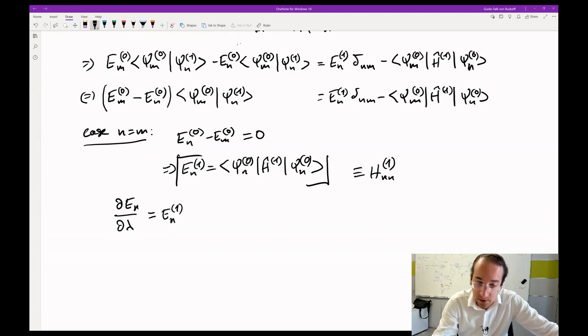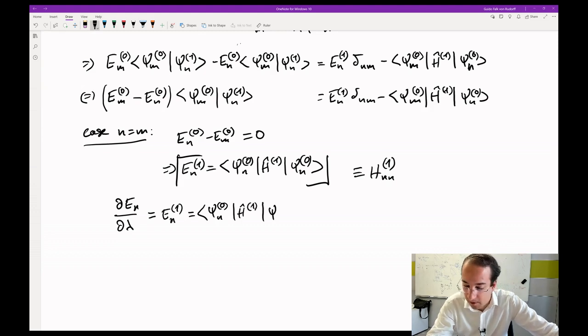But that is, as we just have shown, this expression. So the expectation value of this perturbation operator to first order with the unperturbed wave function.